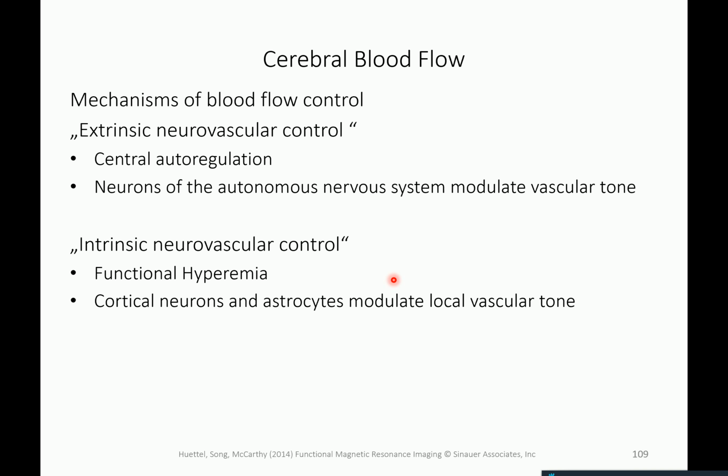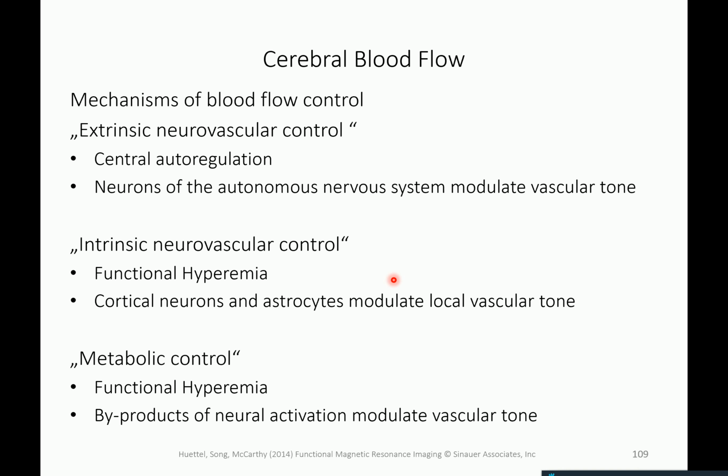So in a way, central autoregulation and extrinsic neurovascular control versus intrinsic neurovascular control and functional hyperemia are very similar concepts, respectively.